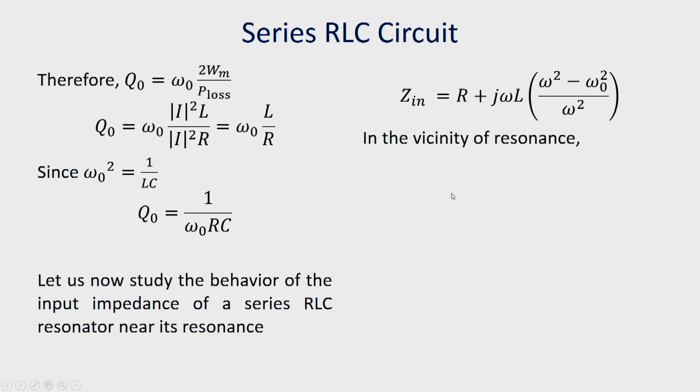So, in the vicinity of the resonance, we can expand this term omega square minus omega naught square is equal to (omega minus omega naught) into (omega plus omega naught).